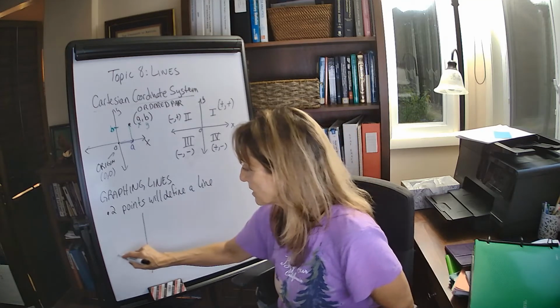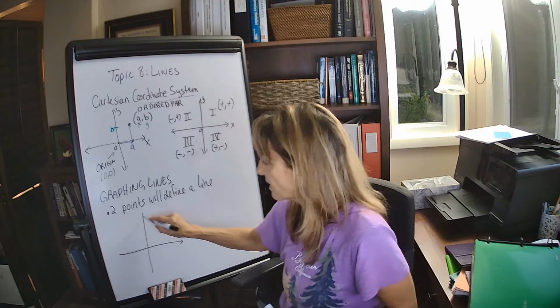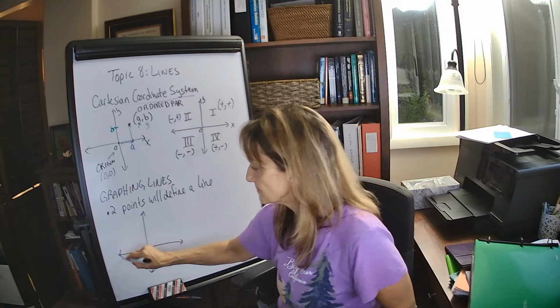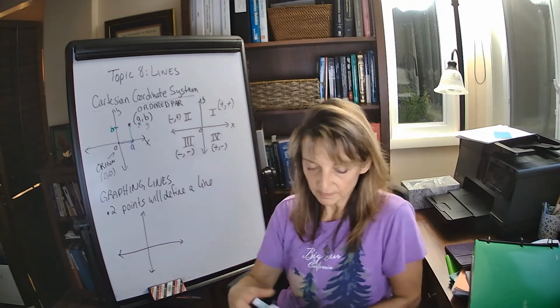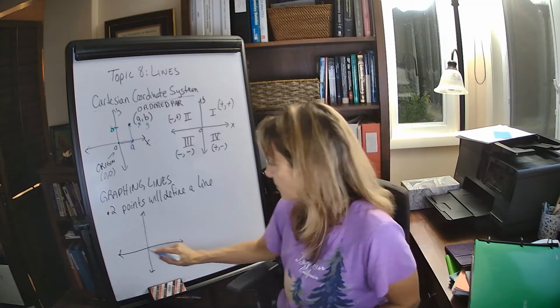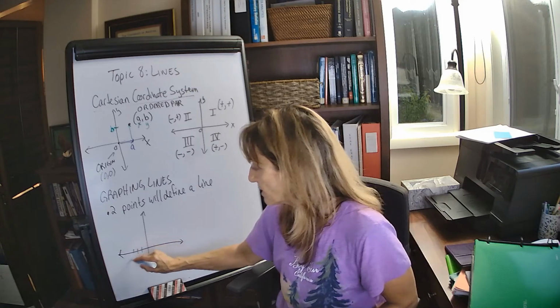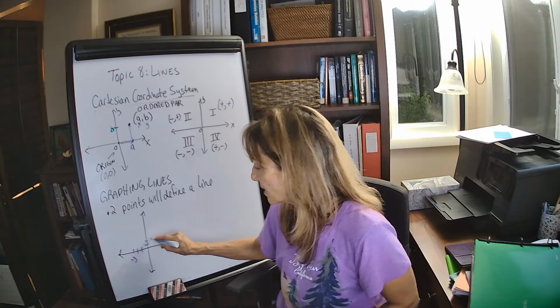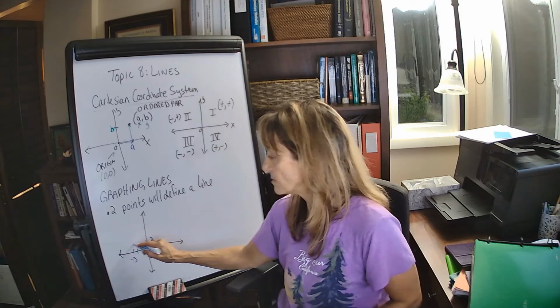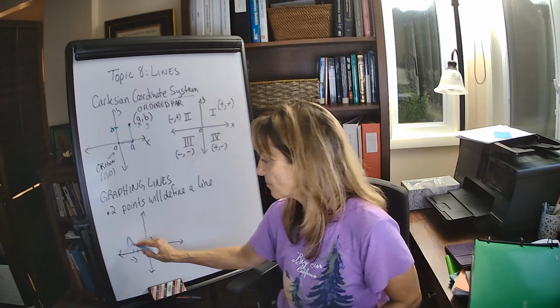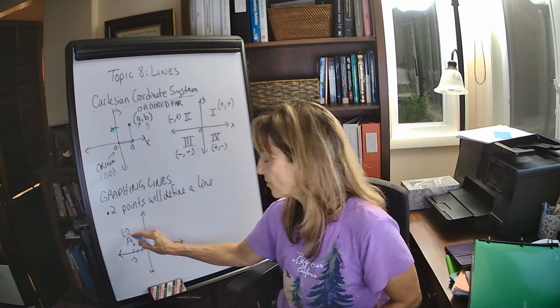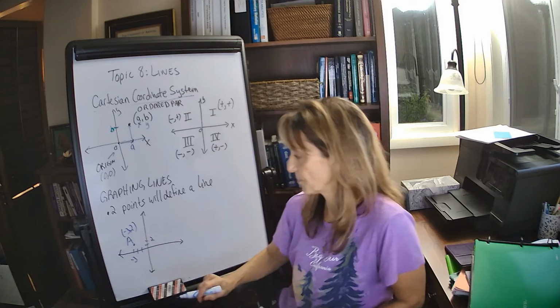Okay, so let's make an XY axis, and I'm going to pick a point. Let's say I want to go with the point -3 on the X and +2 on the Y. This point, I'm going to call it A, is the ordered pair (-3, 2).